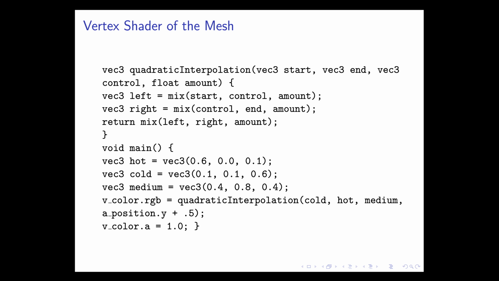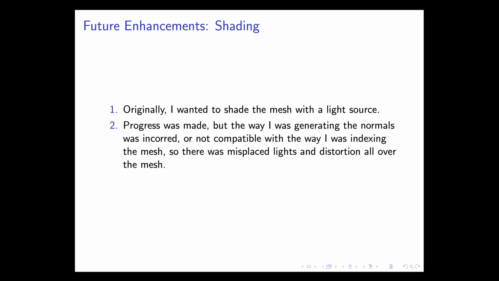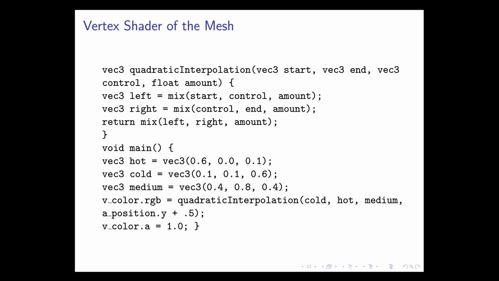So we quadratically interpolate between the hot, cold, and medium vectors, and that's how we get the heat map effect.